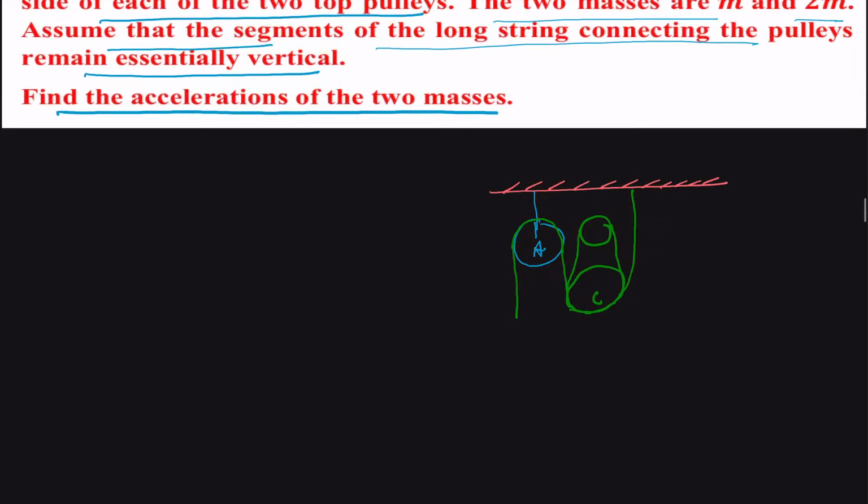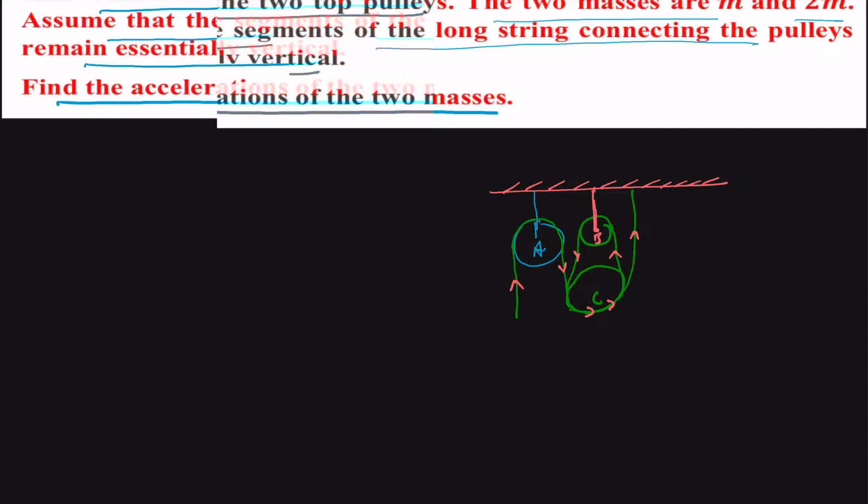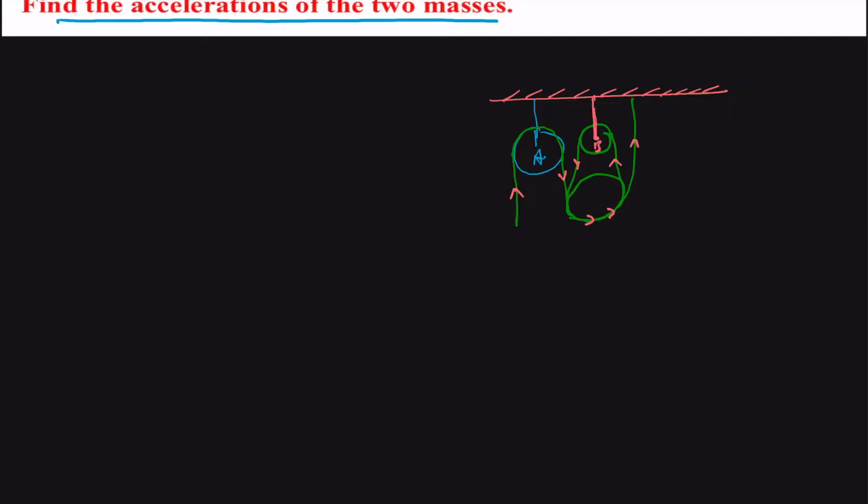So the string starts from here, moves in this direction, and then it goes once around, and this is fixed, this is pulley B, and then from pulley C it is wound twice and then goes back to the fixed position. This is the basic configuration of the question. This mass A has a mass m connected, and pulley C has a mass of 2m connected. We are supposed to find out what will be its acceleration.